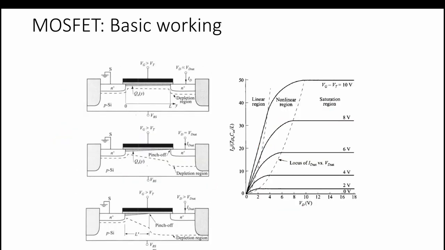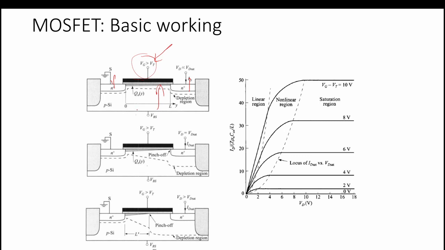Now this is the side view. This is the n plus source, and this is the drain. As we have applied a positive voltage at the gate, which is greater than VT, why am I focusing on VT? It should be greater than VT, then only will this channel be created, and only then will there be an inversion of the carriers.